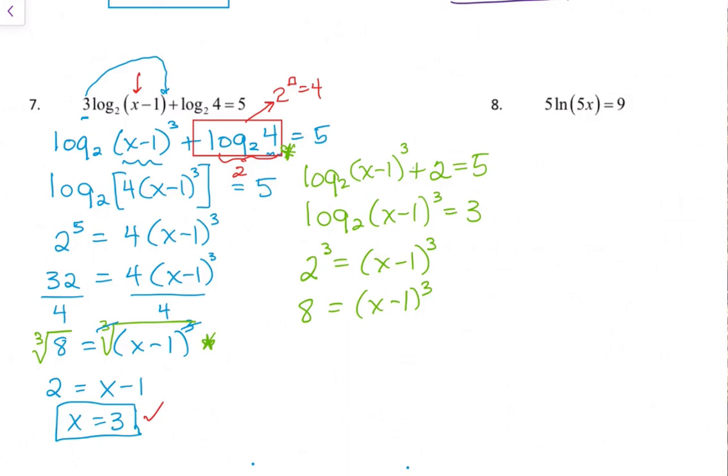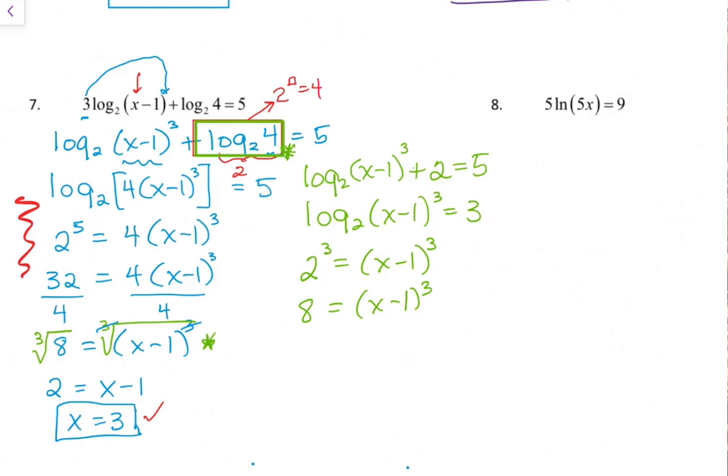So if you recognize that you can evaluate a log of a constant and figure out what that is and go that route, you'll get the same answer as if you said, well, I didn't pay attention to doing that and I went ahead and added the logs together. You're going to get the same result either way.